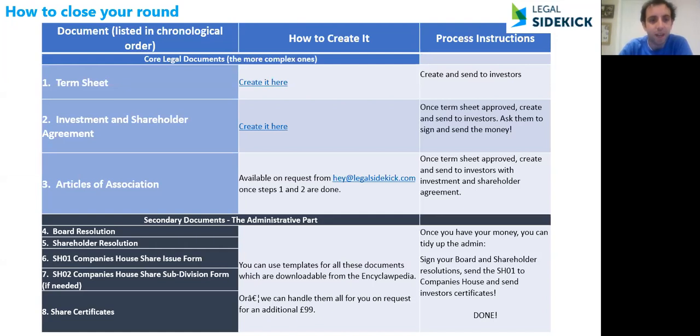After that, it's your responsibility, with supporting advisors, to prepare the secondary documents to make sure everything is in order. You're issuing the shares at Companies House, you're giving them share certificates. Once you understand what it looks like, it's not overly complex. It's just a case of getting the key points right, which we'll go through.